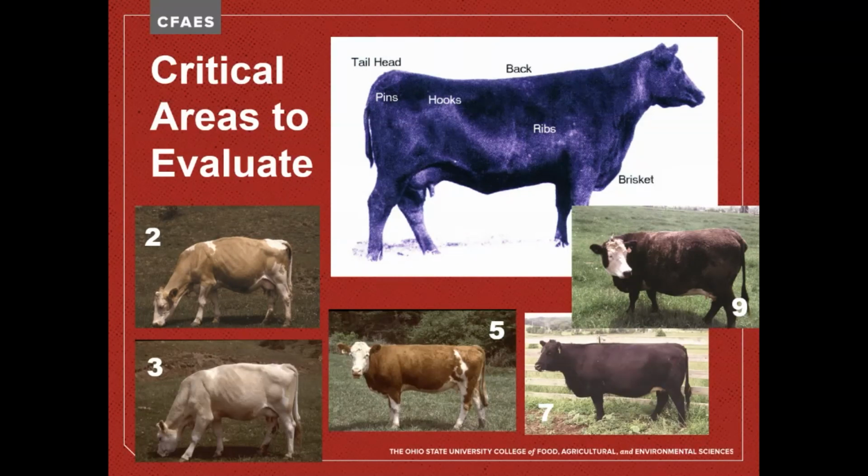BCS of 1 indicates a life-threatening situation that requires immediate attention. Obese cattle, or those that are over a score of 8 or more, are overconditioned and tend to cost more to maintain. Obesity in beef and dairy cattle about 2 years old can lead to calving difficulties since there's too much fat in the pelvic area.